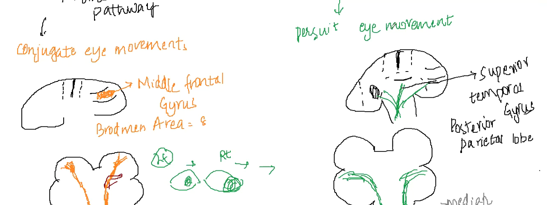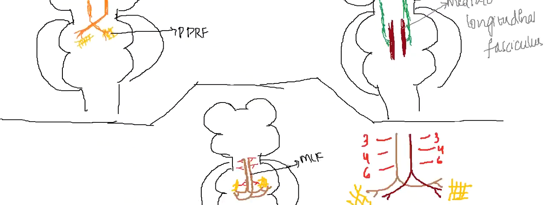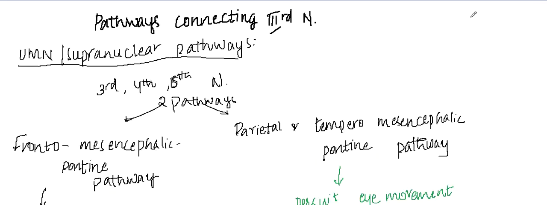Sorry, it is not from the gyrus, it is from the sulcus. So this is the most important thing, the pathways connecting the third nerve.